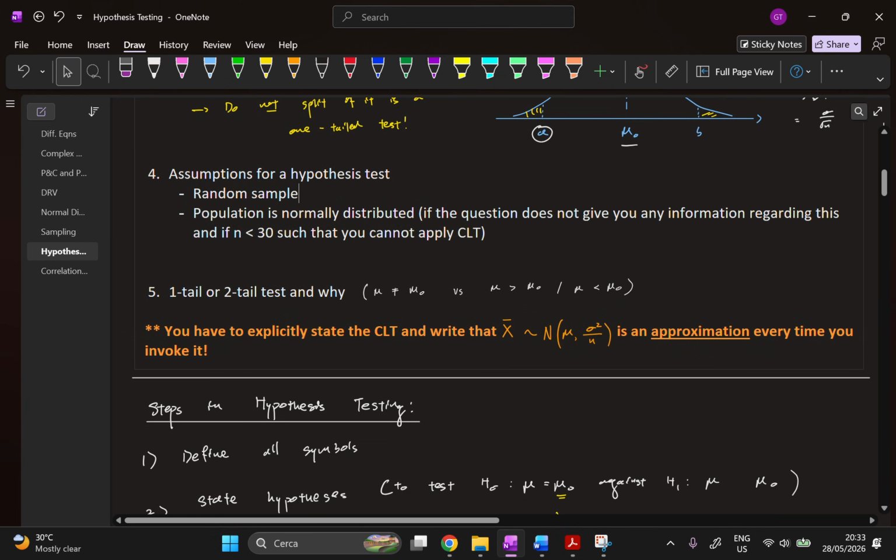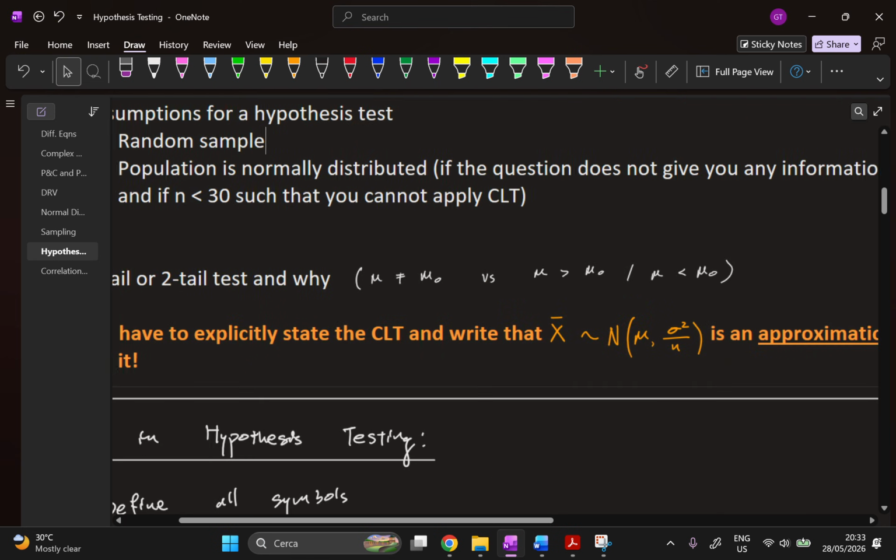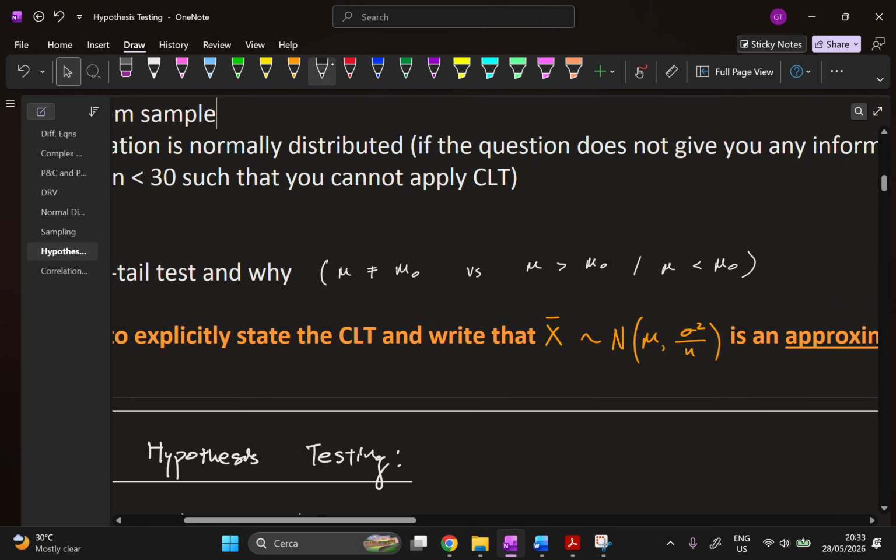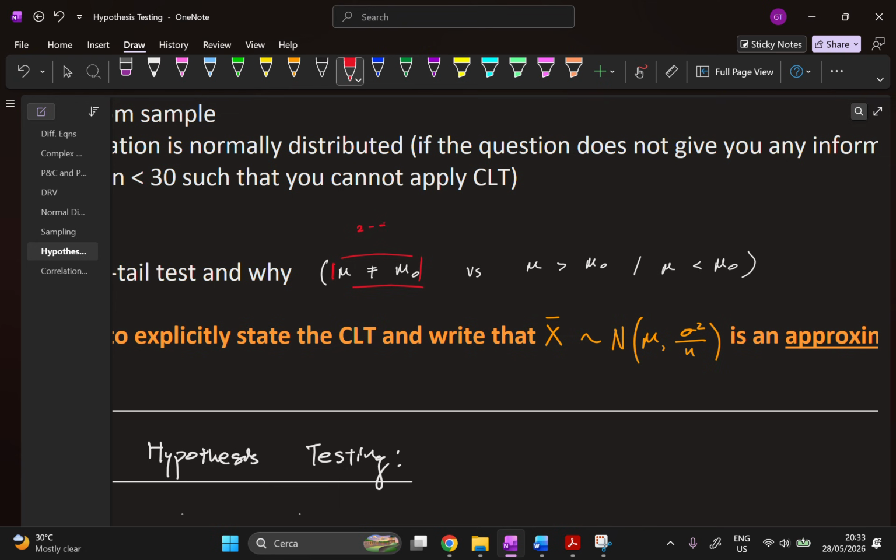Okay, assumptions for hypothesis test, I don't think I need to go through, but I want to emphasize a bit about how do I set up my hypotheses, H0 my null hypothesis, and H1 my alternate hypothesis. So as you know, or rather as you hopefully know after reading the notes, this one is in the case of a two-tailed test.